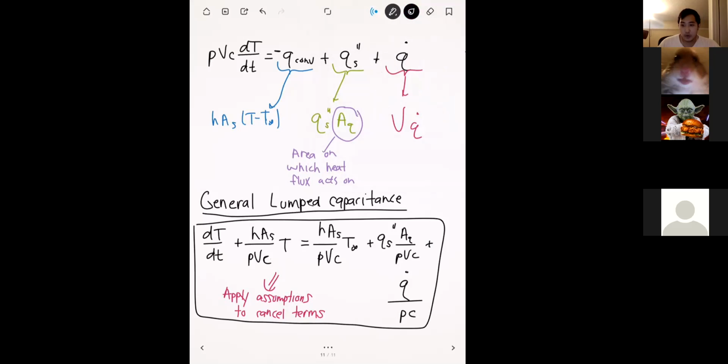All right, so let's do an example here, which is inspired by my kitchen. Let's talk about the heating of a cast iron skillet. Here is my terrible drawing of a cast iron skillet.